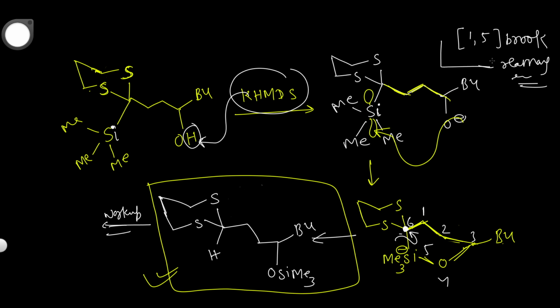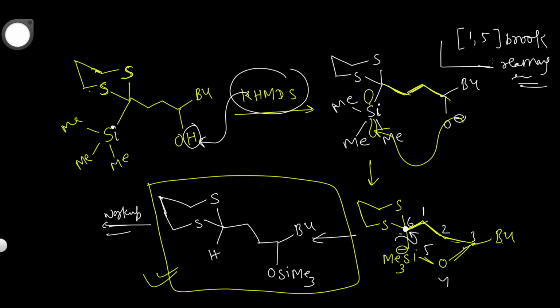You can also predict, right? If you are given a 1,5 Brook rearrangement, then you have to predict that, okay, it's a 1,5. It means that somewhere in the mechanism of this reaction, in a step, a 6-member ring will be formed.